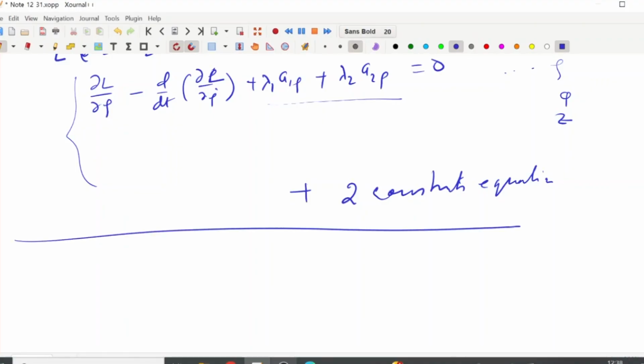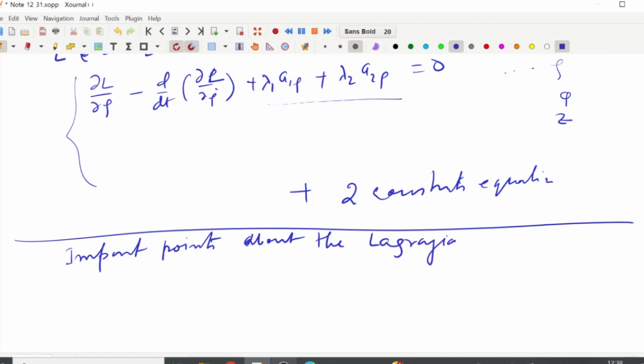So, before that, let me recap, or just remind you of, the salient features of the Lagrangian formulation.